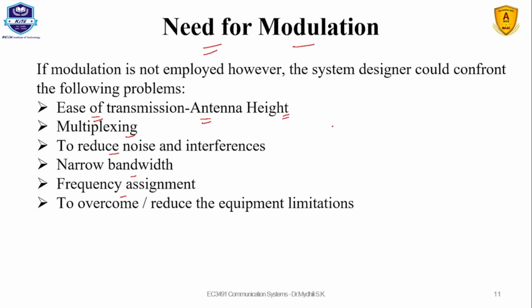As we are talking about modulation, it involves the transmitter end and the receiver end. When we are talking about the transmitter, we'll be dealing with antennas. In the real world you could have seen different sets of antennas employed at different locations.